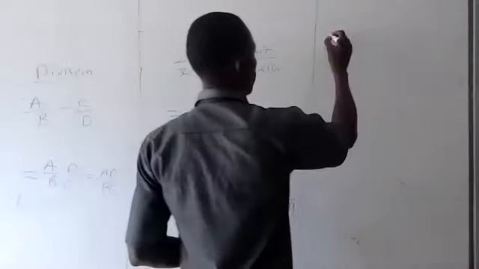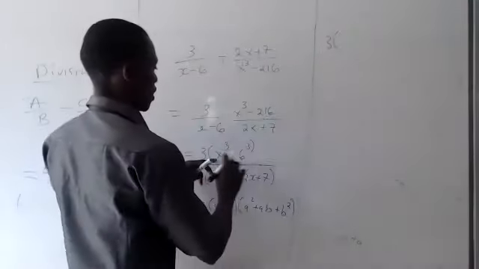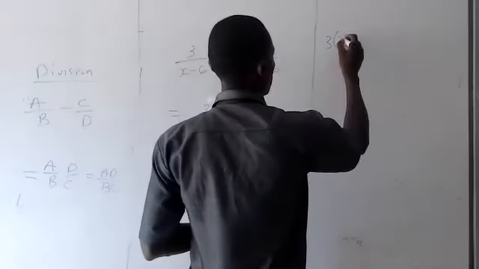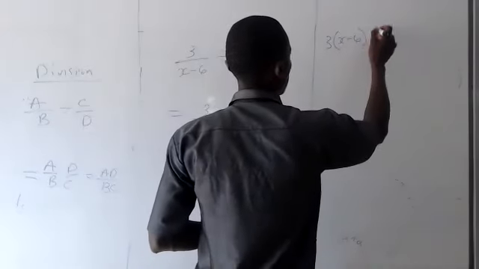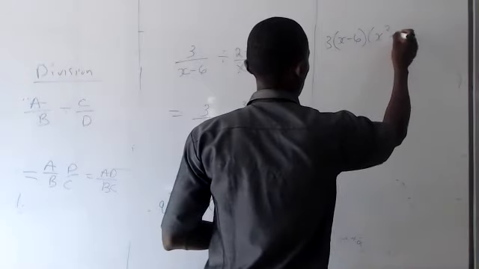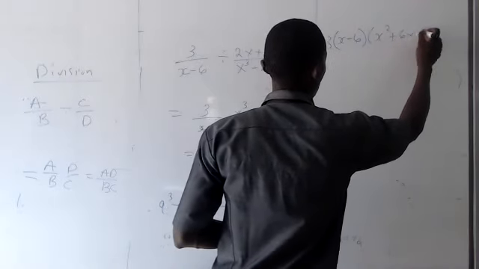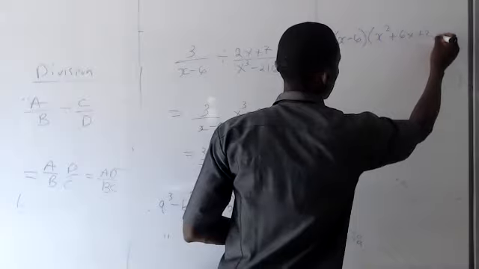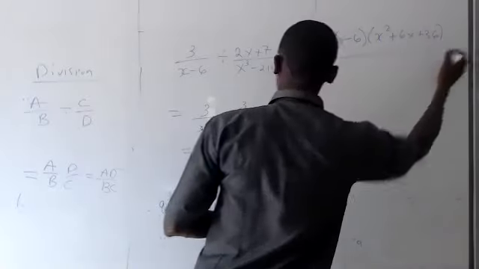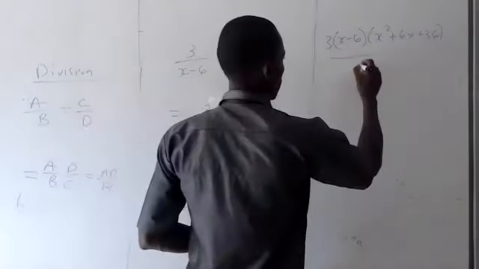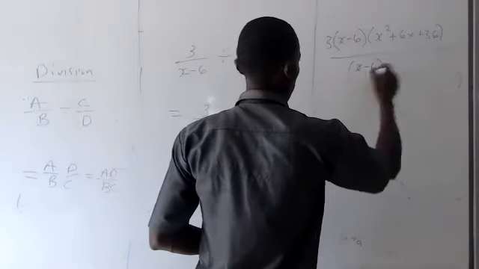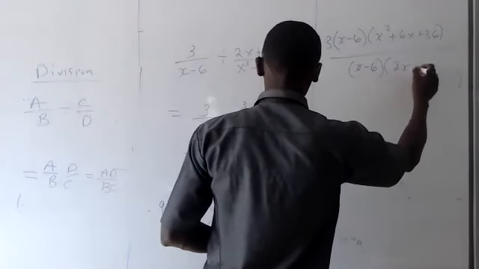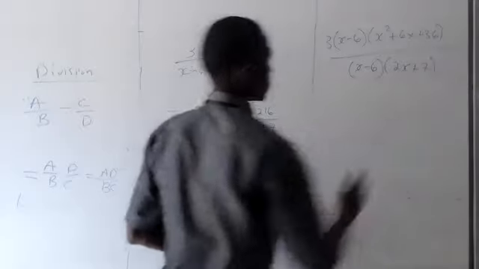So this top part, x cubed minus 6 cubed, will factor as x minus 6 times x squared plus 6x plus 6 squared, which is 36, all divided by x minus 6 multiplied by 2x plus 7.